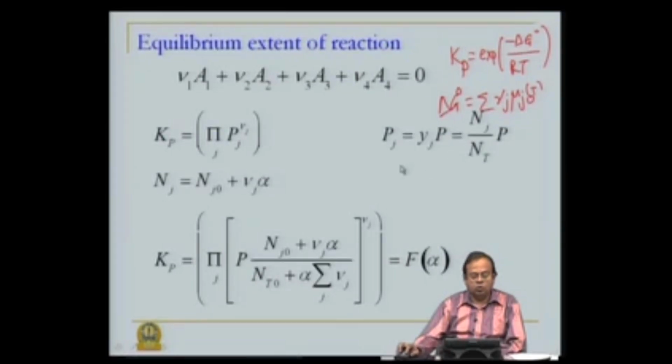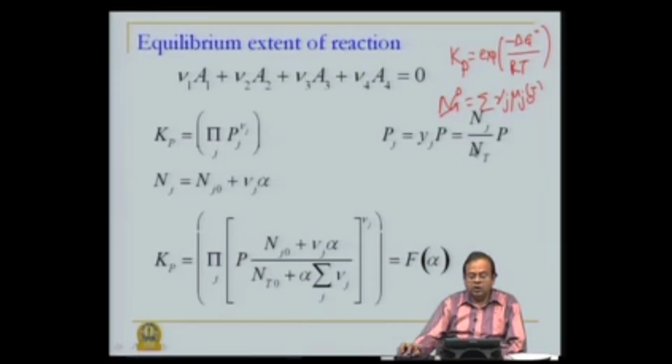Now we are a step closer, almost there. What is our Nj? As per our definition of extent of reaction, it is Nj 0 plus nu j times alpha. If I put this Nj over here, I have my top term, with Nj 0 plus nu j times alpha instead of Nj.